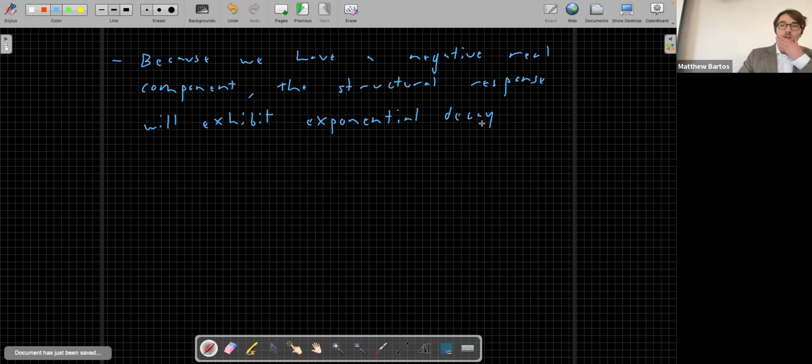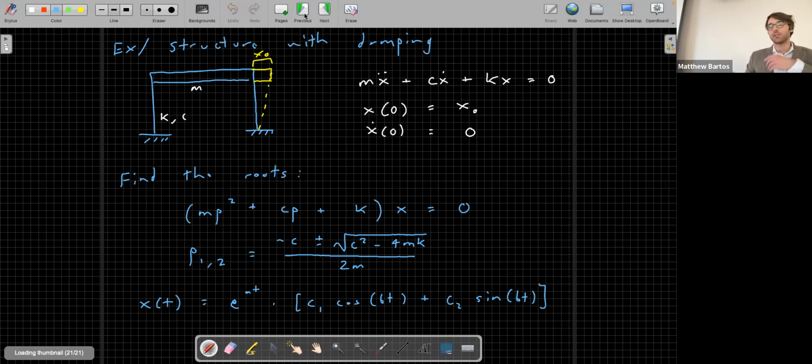Okay. Will it always exhibit oscillation? No, Jimmy's saying no. So you may remember from undergraduate differential equations that there's different cases that will determine whether the system oscillates or not, right? So what determines if we'll have oscillation in our system? Right. So you will only see oscillation if your roots have an imaginary component.